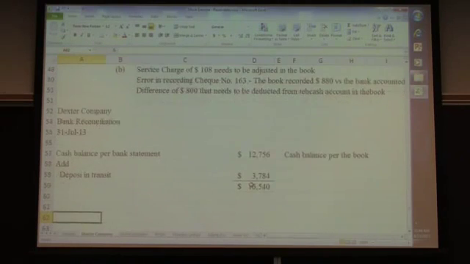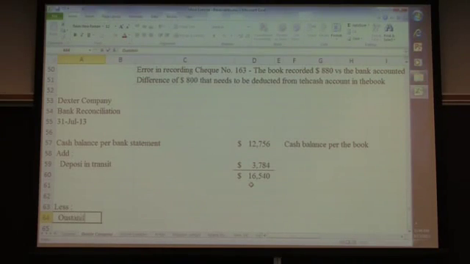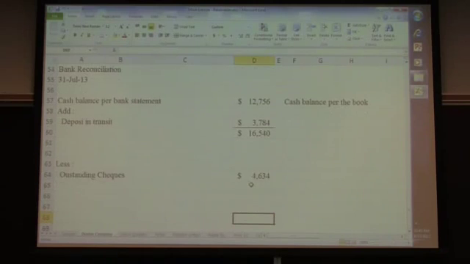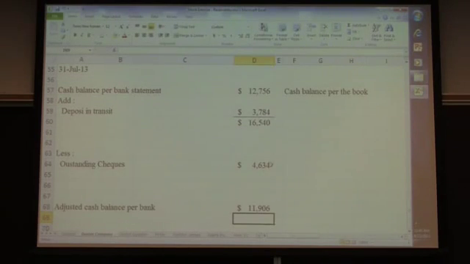Then we deduct any outstanding checks, which is 4,634, as we discussed earlier. So my adjusted cash balance per the bank is 16,540 minus 4,634, which gives a balance of 11,906.